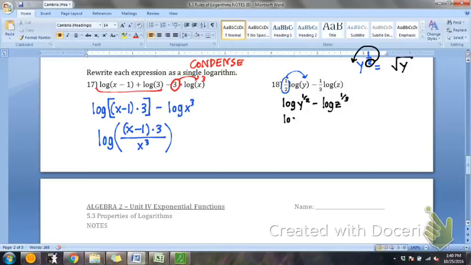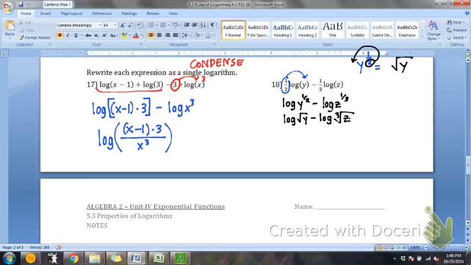So I have log times the square root of y minus log times the, is it the square root of z? Ooh, the cube root of z. Remember, if it's a 3, we write the cube root of z.